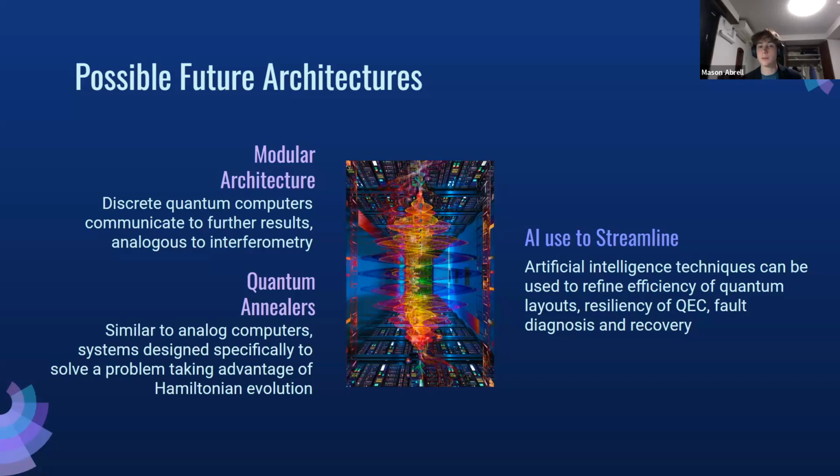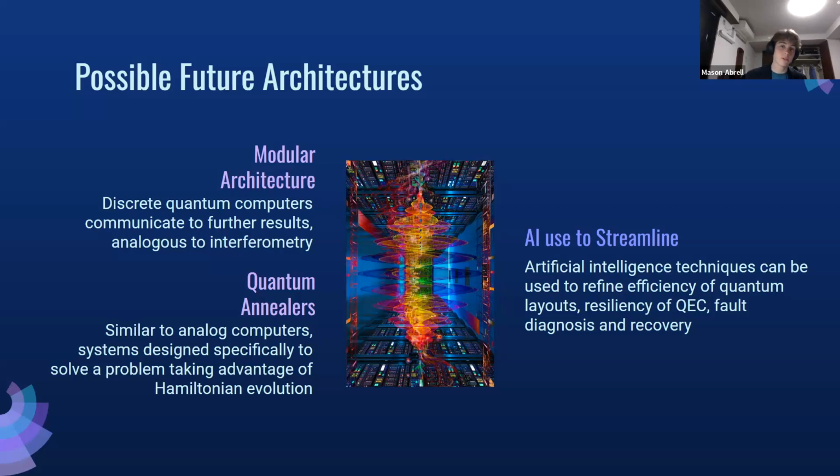You can use just as many qubits as you want, or remove some if you don't need as many in order to make the system smaller. So that modularity, and in addition, the ease of replacing a system if it breaks, or constructing a whole new system, gives a modular architecture very high scalability, which makes it very attractive.